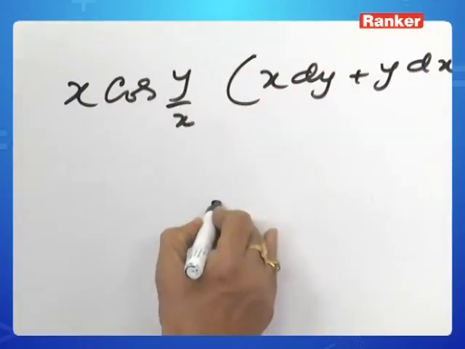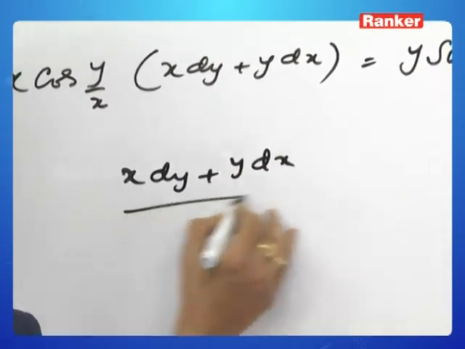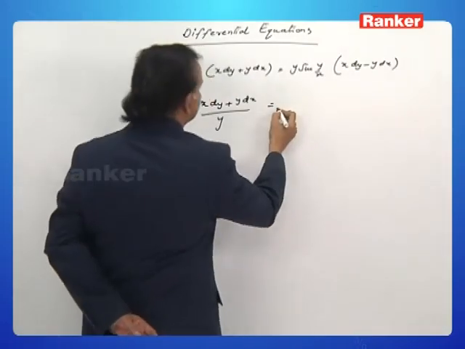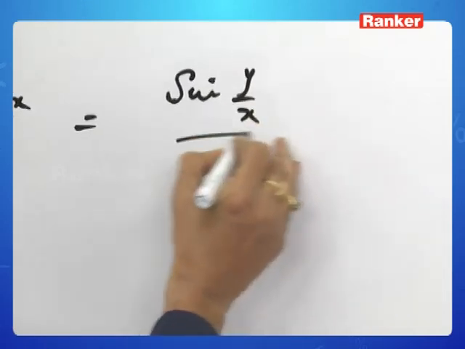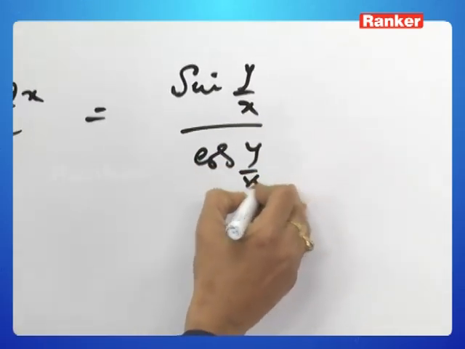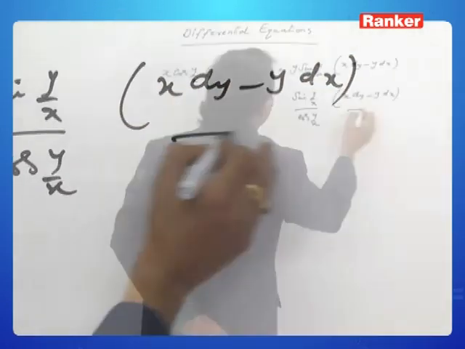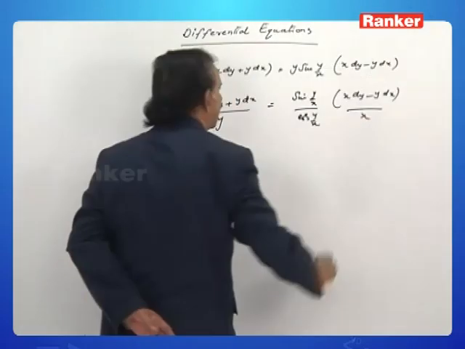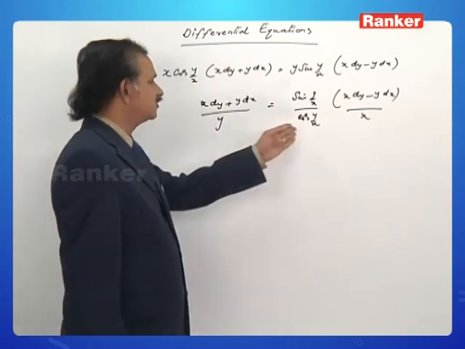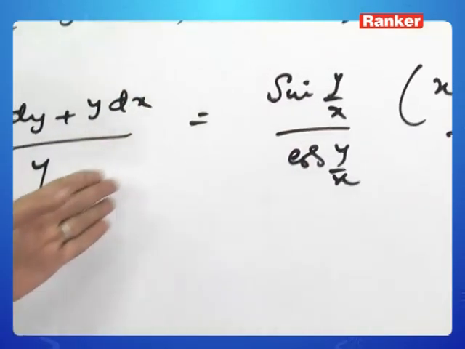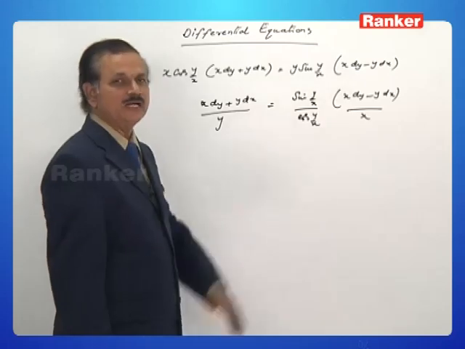Look here: (x dy + y dx)/y = sin(y/x)/cos(y/x) times (x dy − y dx)/x. I think you could have understood this transposition. This cos(y/x) has been sent to that side, this y has been brought to this side, and this x has been sent to that side.